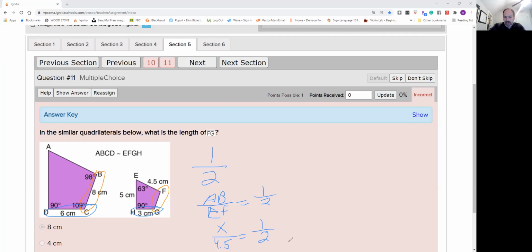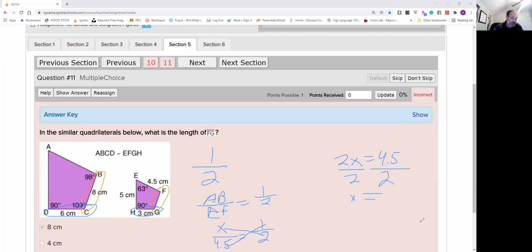Well, let's go ahead and work this out now. Again, we'll do our cross multiplication, right? So X times 2 is 2X, and 4.5 times 1 is 4.5. Then I have to divide both sides by 2, and that's going to tell me that X equals 4.5 divided by 2.